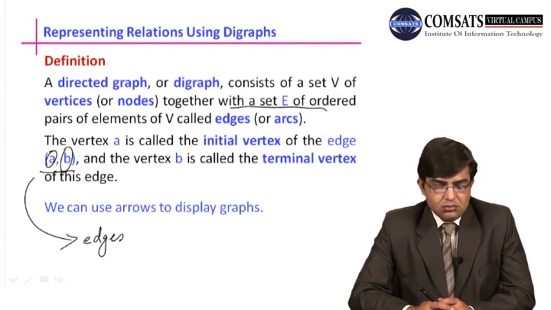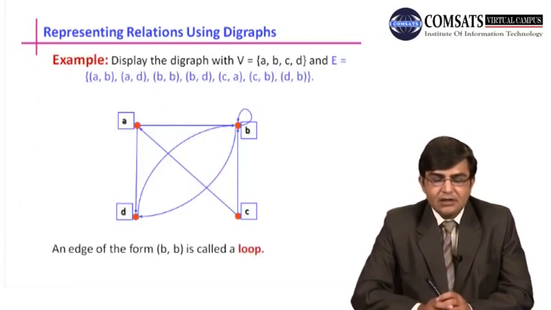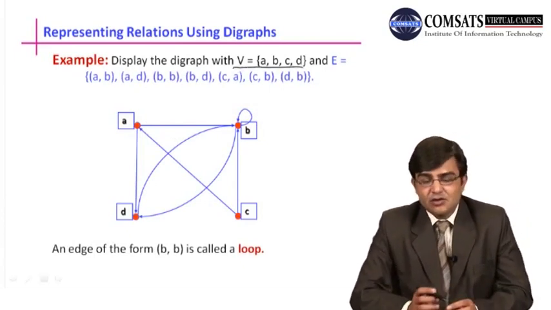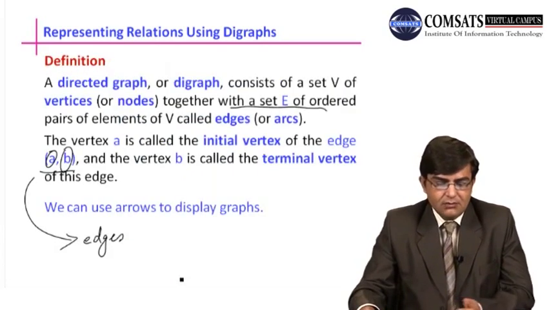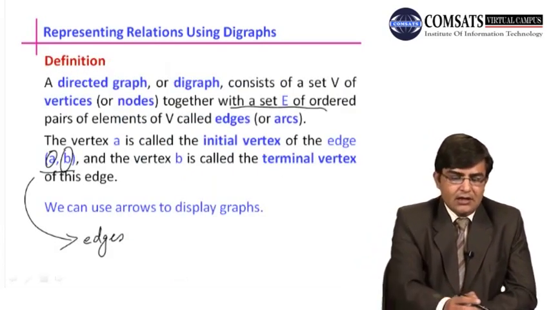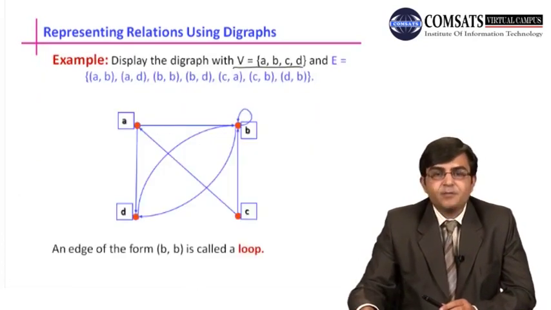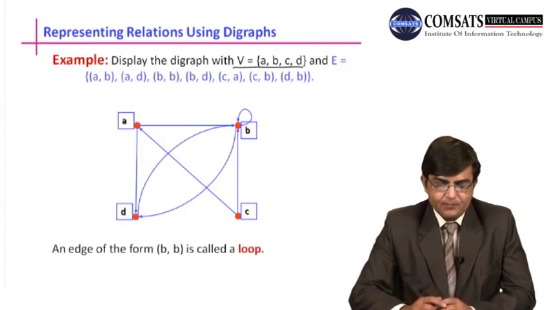We try now to understand all these concepts with the help of examples. First, we take this example. For example, if we have a V set which contains vertices A, B, C, D, the elements of V are called vertices or nodes, together with a set E of ordered pairs of the elements of V. E is basically the relation.